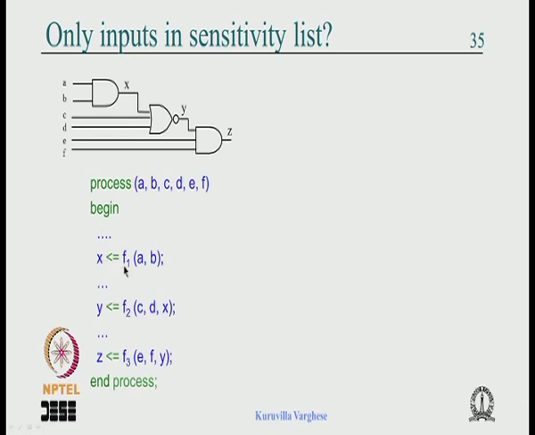So X is written as a function of A and B, Y is a function of C, D and X, XNOR, and Z is a function of E, F and Y. Now you see that we are writing it in the proper order, but look at it, if an event happens on A, see how the simulator, we are talking about the simulation, there is an event on A which is in the sensitivity list.